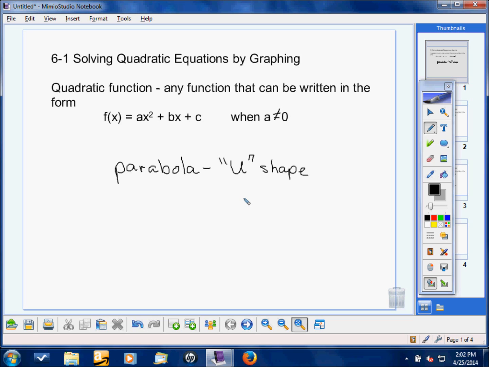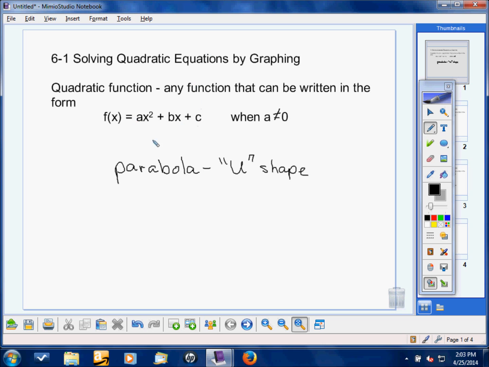With linear graphs, you've done that for so long, since Algebra 1 and pre-algebra, in y equals mx plus b form. Could be written in standard form. Quadratic is different. What do you notice that makes this one different than just something times x plus a number? It's not an mx plus b, there's another part. What's the other part?